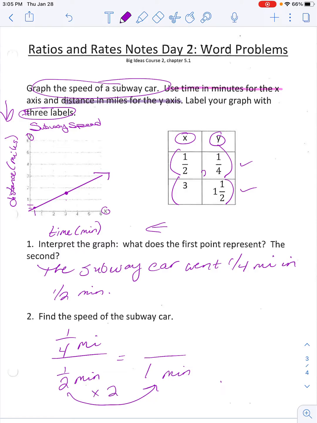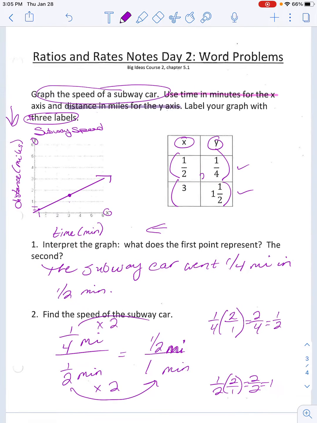We have to multiply it by 2, right? 1/2 times 2 over 1 is 1. Agreed? So if we multiply the denominators by 2, we're going to multiply the top by 2. 1/4 times 2 is a half. This subway car travels 1/2 mile per minute. A half a mile per minute.